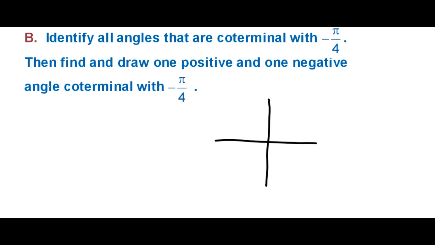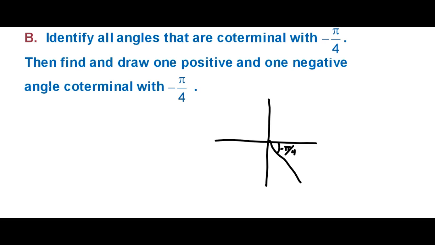So pi over 4 is essentially 45 degrees. But since we're negative, we're going to take it this direction, and it's going to be negative 45 degrees, or negative pi over 4. So this is what negative pi over 4 would look like as an angle.